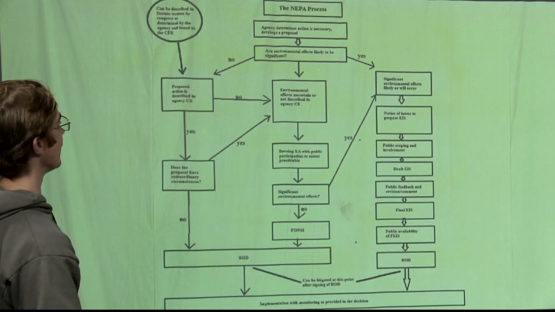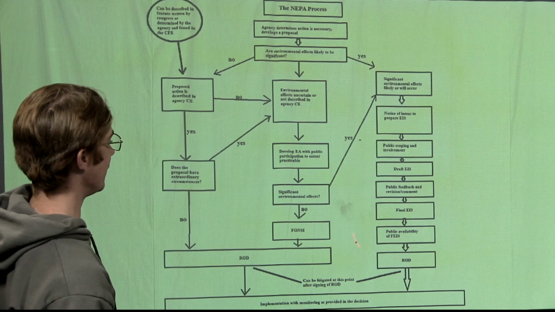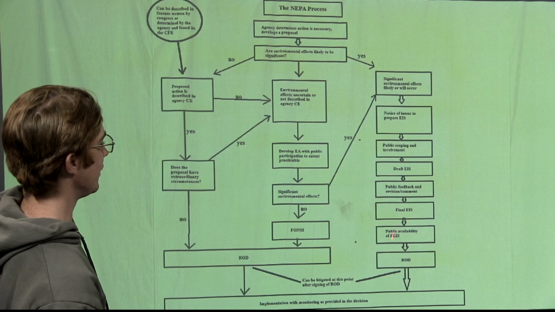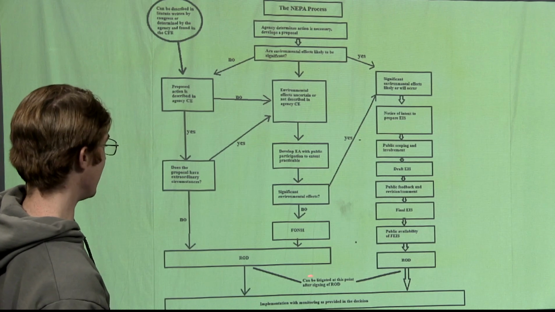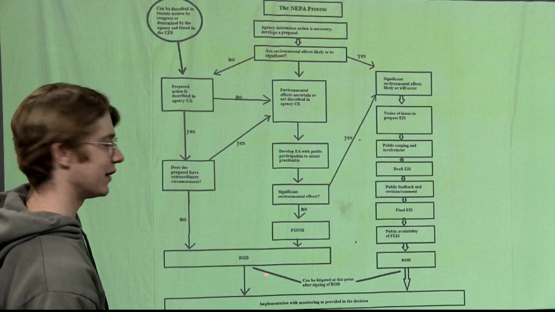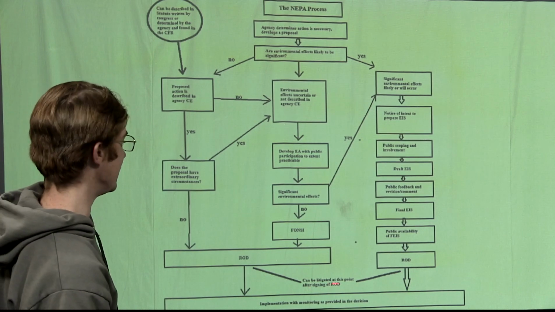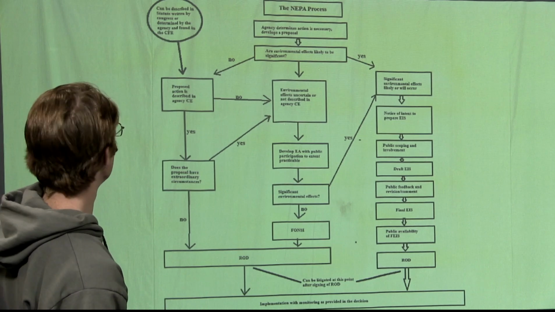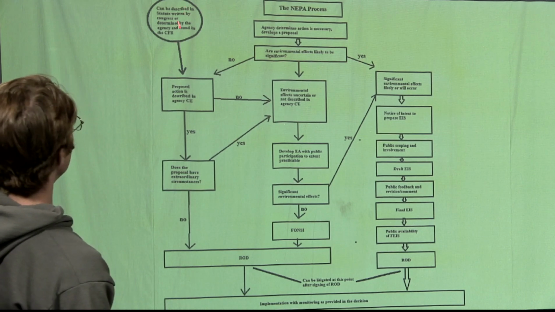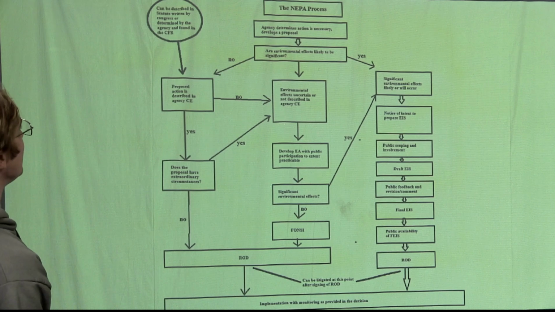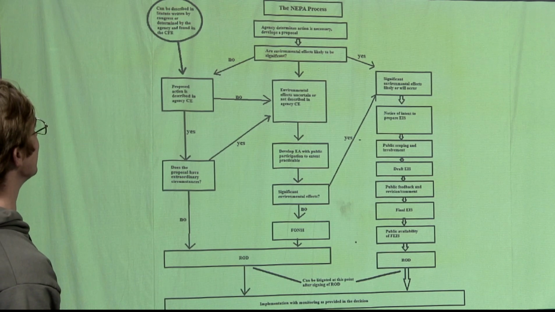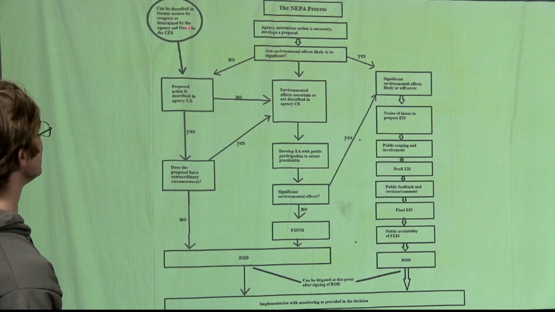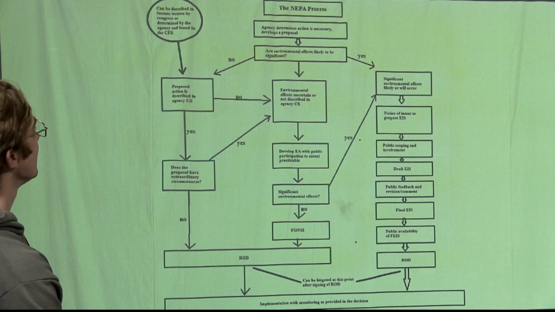And here it is filled out, a little bit easier. So yeah, final EIS, public availability of the final EIS, ROD. And at this point, after you've signed your record of decision, this is where you can be litigated for your decision. And then up here you can see a little information about the CEs. These can be described in the statute written by Congress or determined by the agency and found in the CFR.